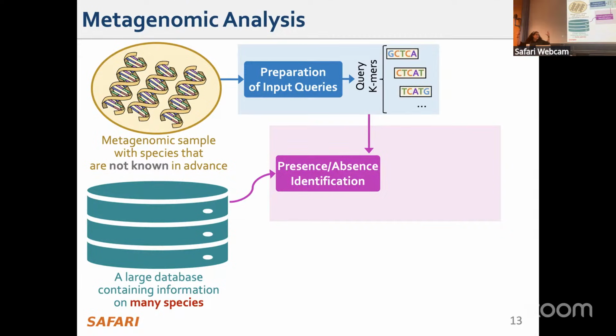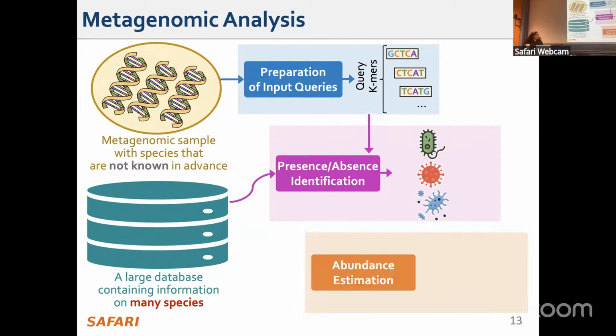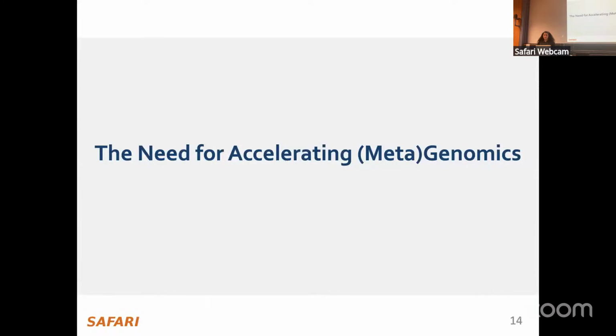So that size can expand to be very large. And after we figure out what's in the sample, there are many other steps that can happen, but a common way to look at it is to find out the relative abundances of these species that we have identified in the sample.